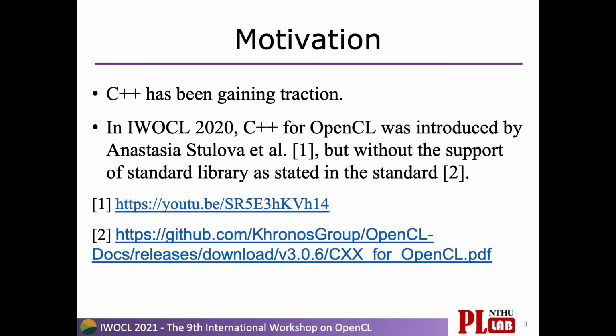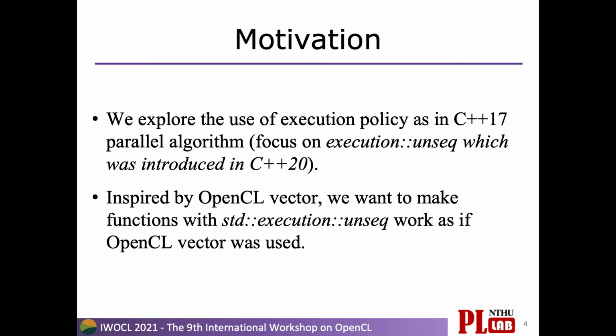We explore the use of execution policy as in C++ parallel algorithm, and we put an eye on the execution policy unseq, which was later introduced in C++20. Inspired by OpenCL vector types, we want to make functions with the execution policy unseq work as if OpenCL vectors were used.